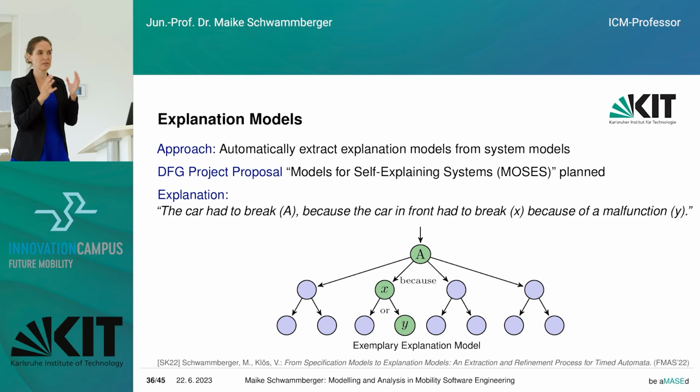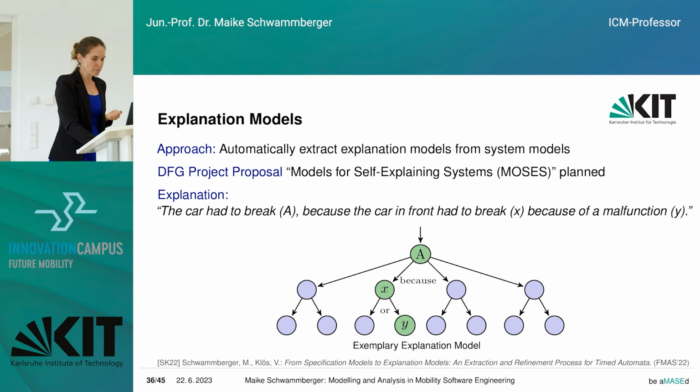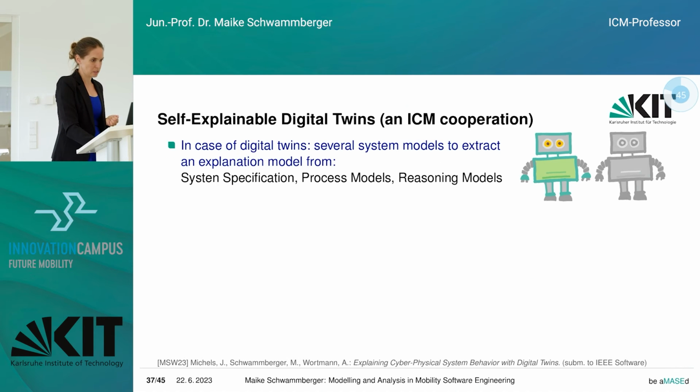I don't want to have some engineer sitting there and writing down explanations manually. This is just error prone, and if the system updates, the engineer has to start writing new explanations. So we want to get these explanations directly from the models that we have and then extract them so that we can have some internal version of explanations.